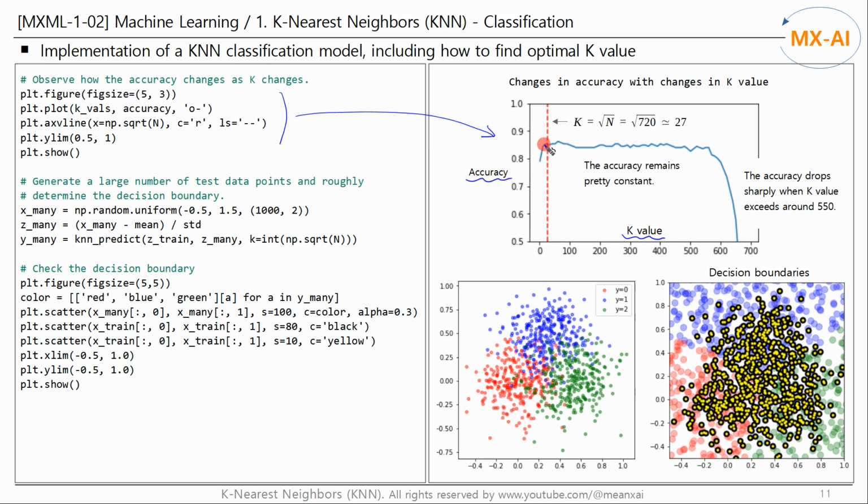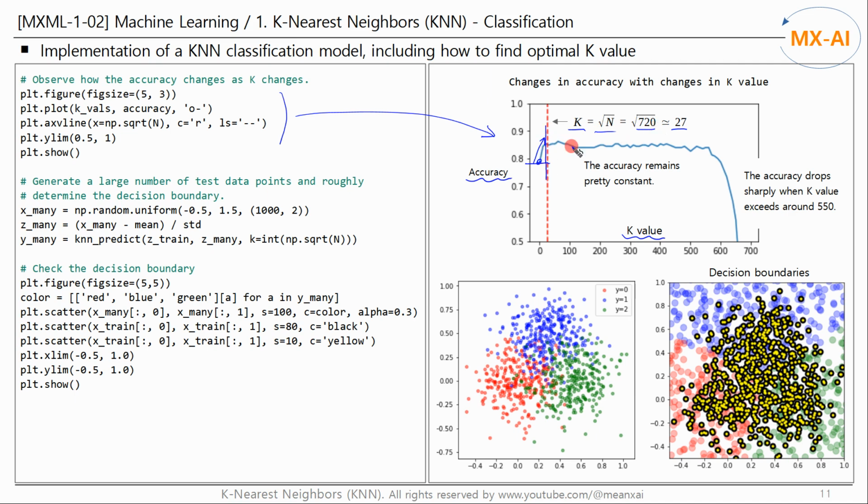If k is too small, the accuracy is low, but as k increases, the accuracy gradually increases. This dotted line indicates the point where k is 27. This is calculated using this formula mentioned earlier. N is 720, the number of training data points.